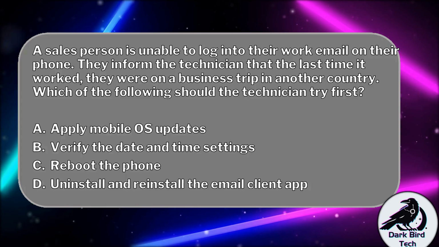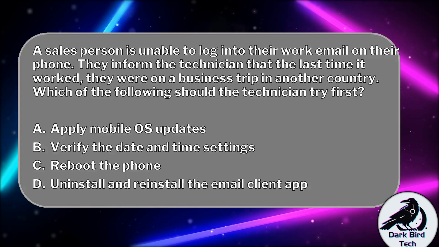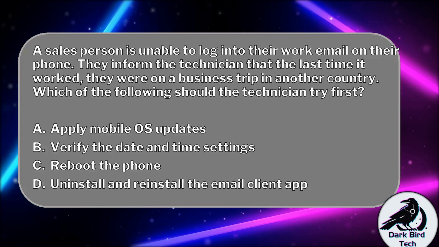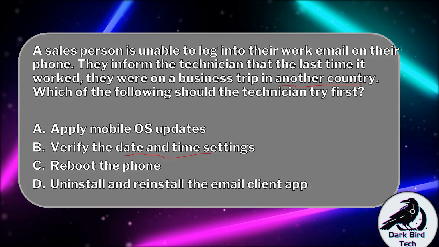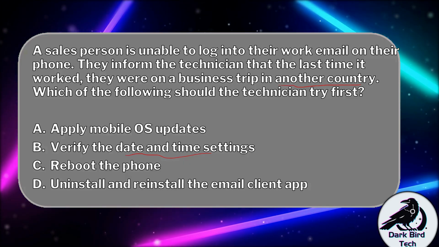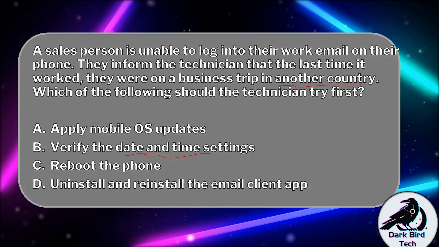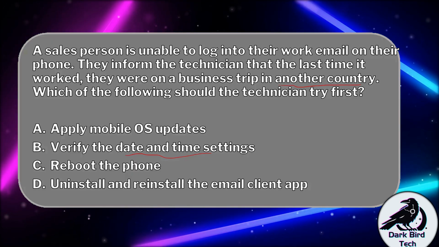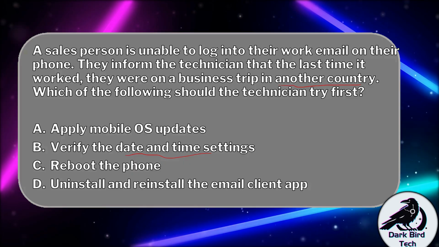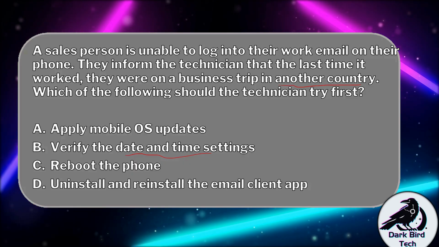But they said it was working on a business trip in another country recently. So if we look at the next option, which is verify the date and time settings, they were in another country recently. If they manually changed the time zone or manually set the date and time because they're in another country, that can lead to a time synchronization error occurring when it comes to emails.